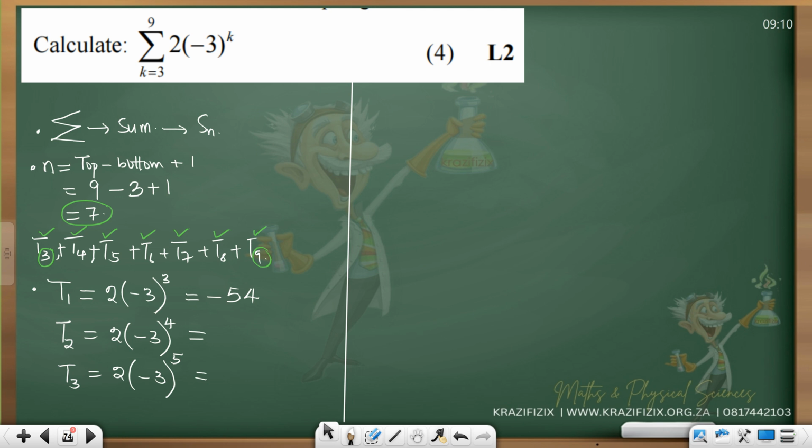T2 is 160. Thank you, Wetu. Thank you, Ntabi. Can I get someone else to do T3? We're waiting on you. Logie, I'm sure you know that we are waiting for you, right?